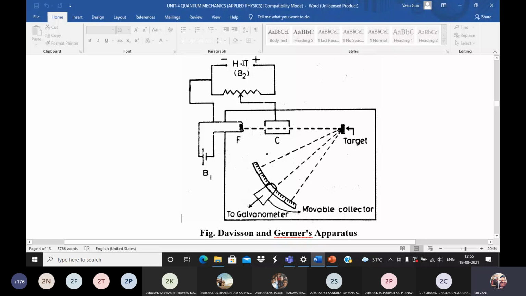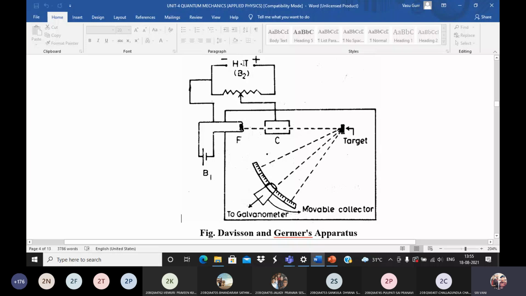Okay. What I explained previously, the same concept is present in this experiment. First, we have used an electron gun. The electron gun consists of a tungsten filament.